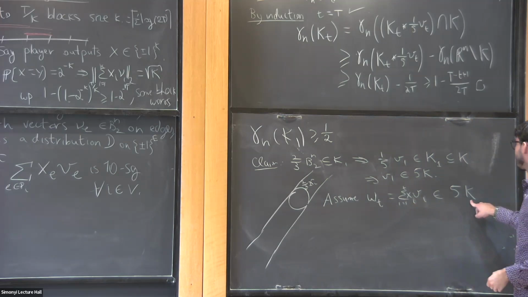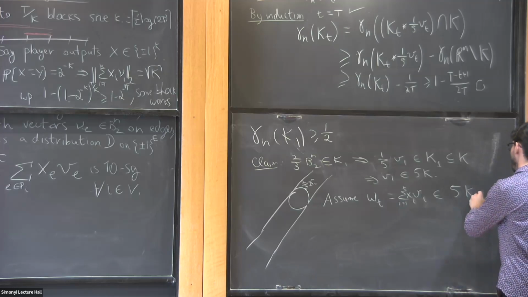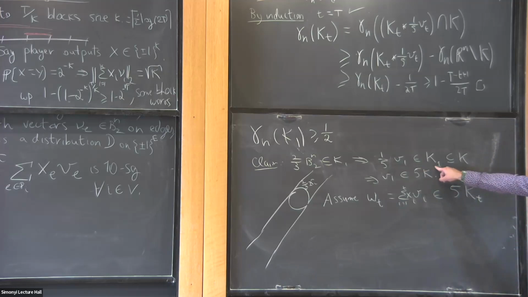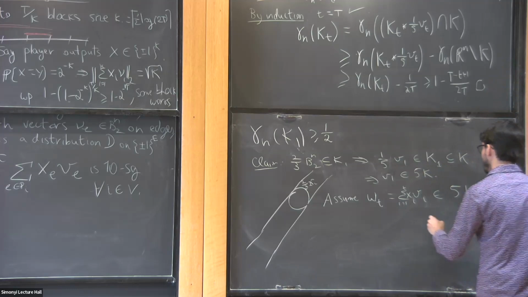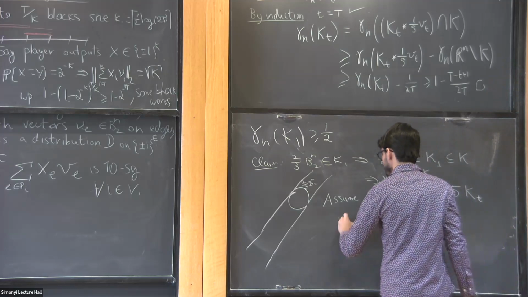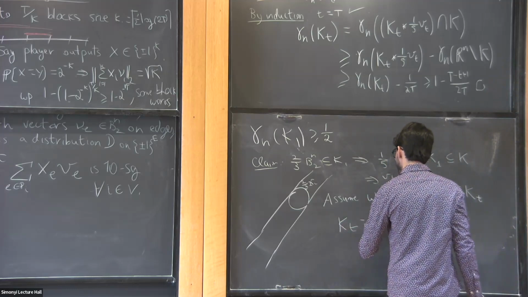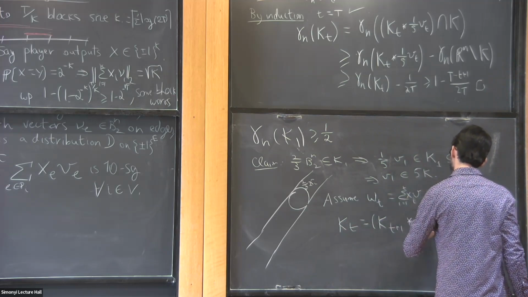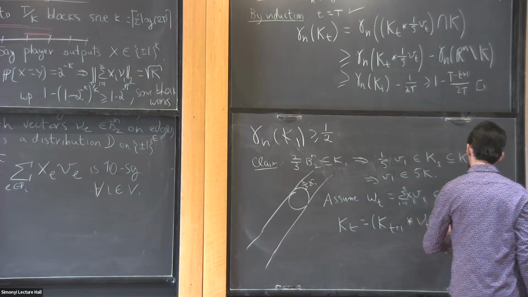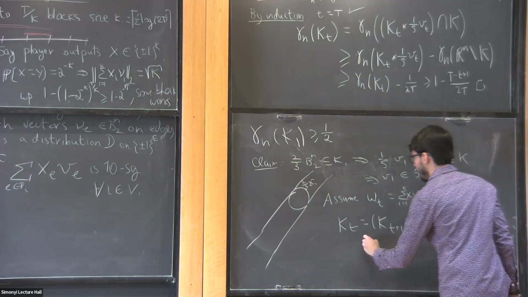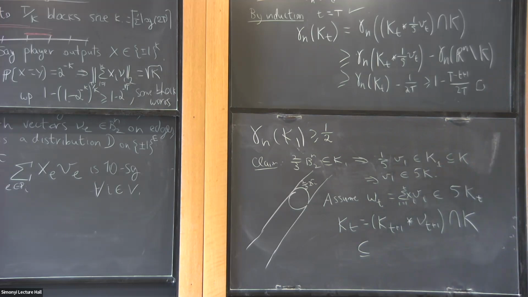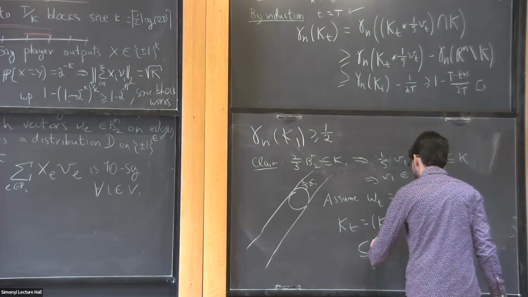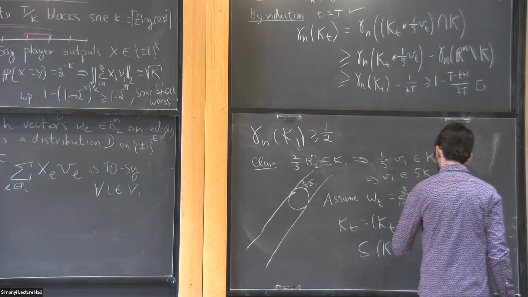The assumption is that it's in KT. So here I proved that it's in K1. But by the definition of KT, what is this? KT, by the definition, is KT plus 1 star VT plus 1 intersect K. And by the definition of the star, this is contained in, well, there's a 1/5 here.